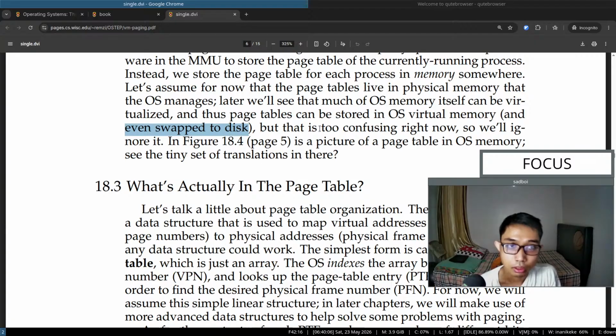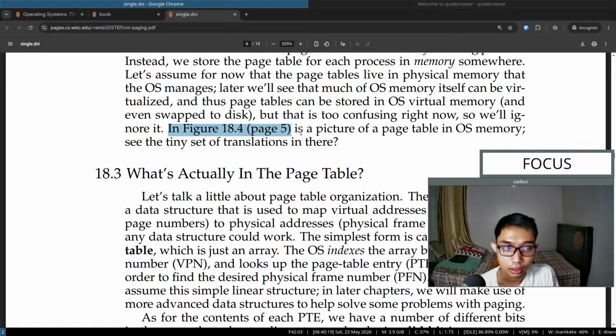But that is too confusing right now, so we will ignore it. Figure 18.4 on page 5 is a picture of a page table in operating system memory. See the tiny set of translations in there.